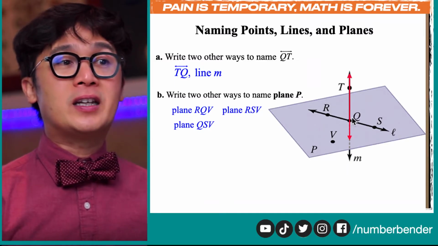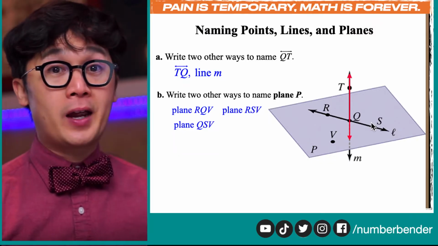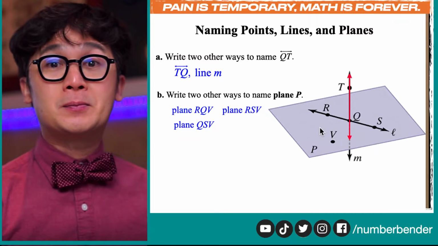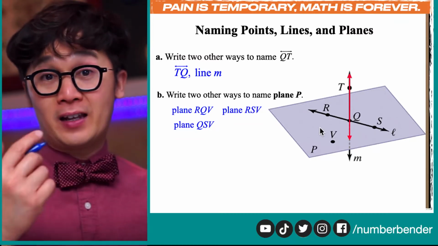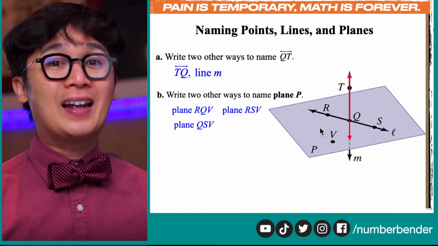And notice that we did not name RQS because RQS is on the same line. So even though we have three letters here, we cannot represent the plane as plane RQS because we might get confused if we are referring to a line or a plane if we use those three letters.